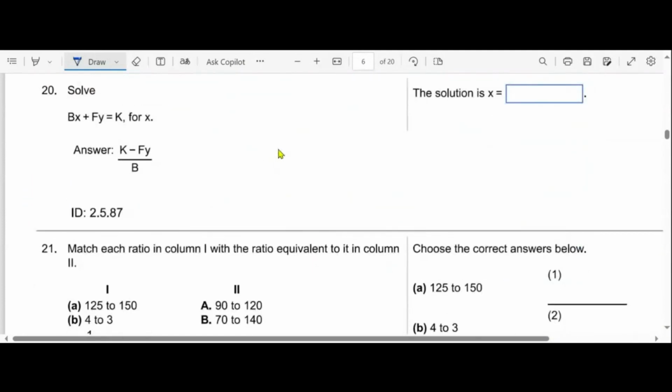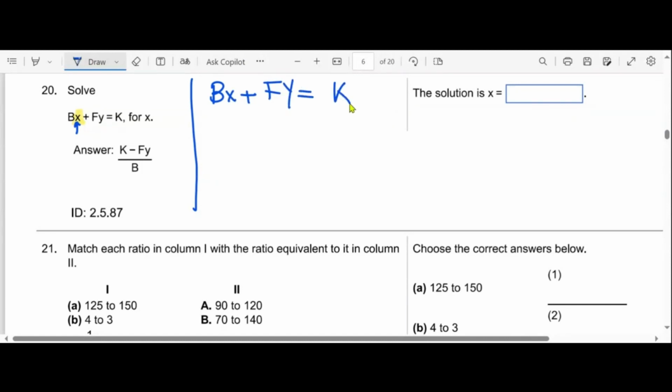Next to Muhammad, read. So Bx plus Fy equals K, solve for x. Now I need to solve for what? For x. So I need x by itself. How can I get x by itself? I have to move Fy to the other side, correct? Yes or no? Yes.